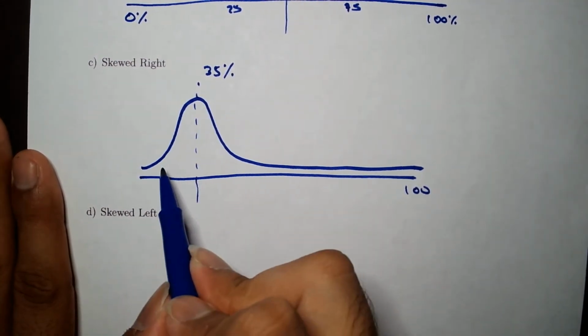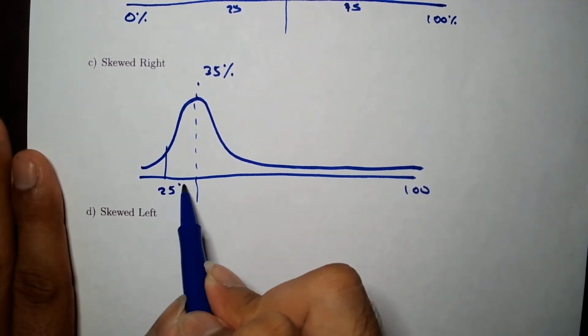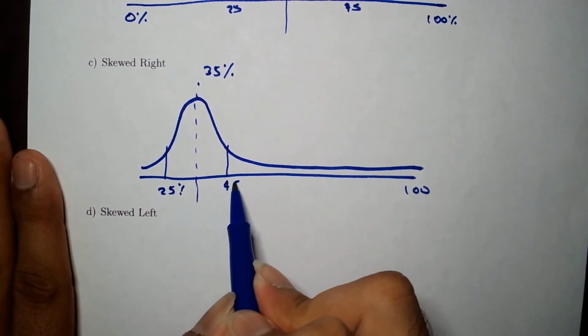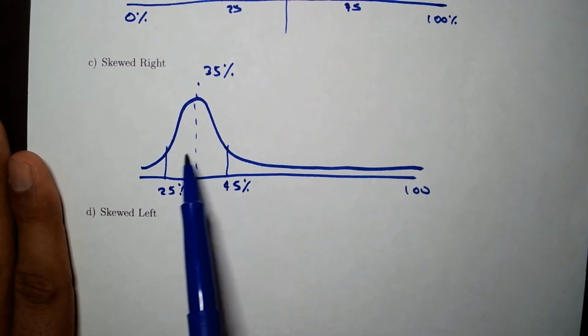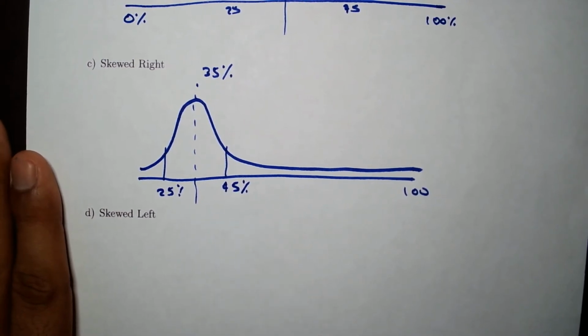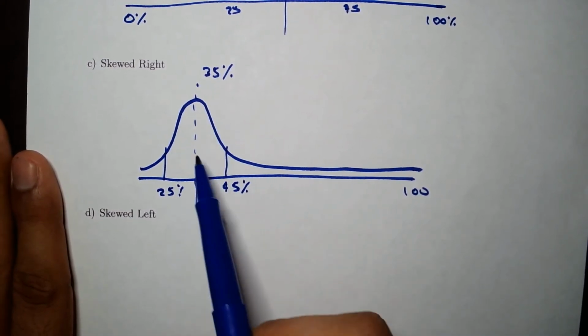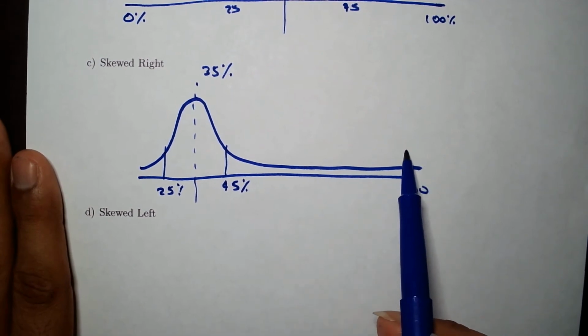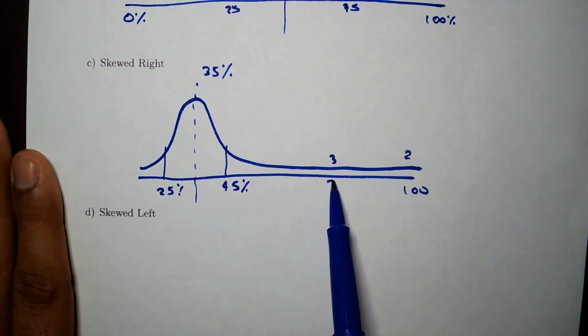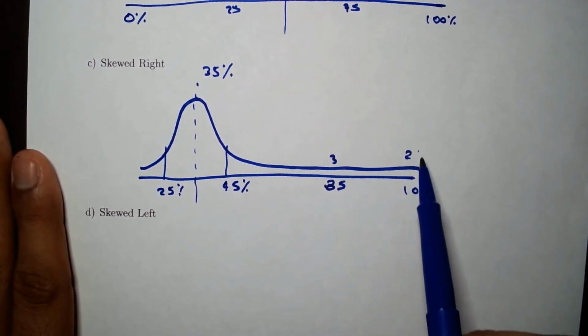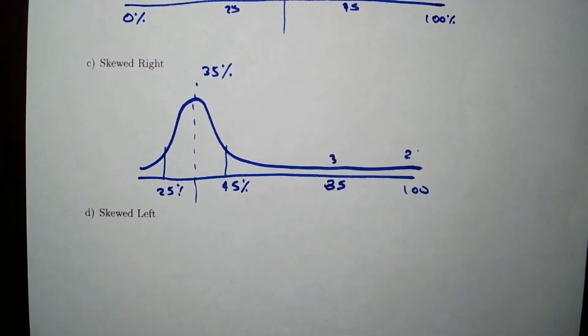Many people got between 25% and maybe 45, really low scores. Maybe this exam was so hard that most people failed, and maybe 2 or 3 people got an 85. 2 people got a perfect A.